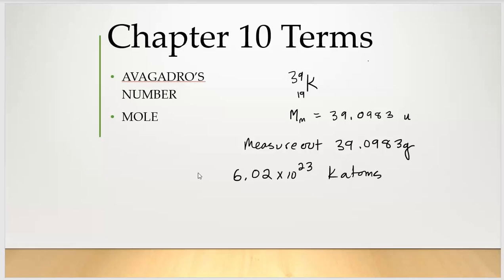That's the definition of a mole, and it's the definition of Avogadro's number. Avogadro's number is the number of atoms in a single mole of a substance, or the number of molecules in a single mole of a molecular substance.